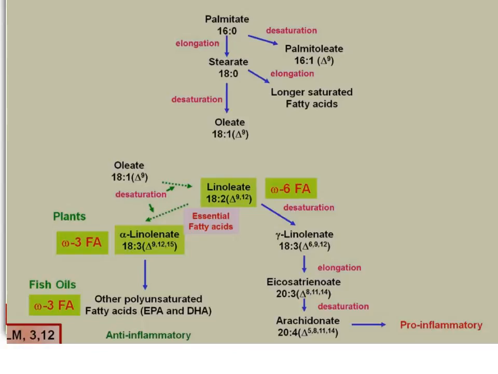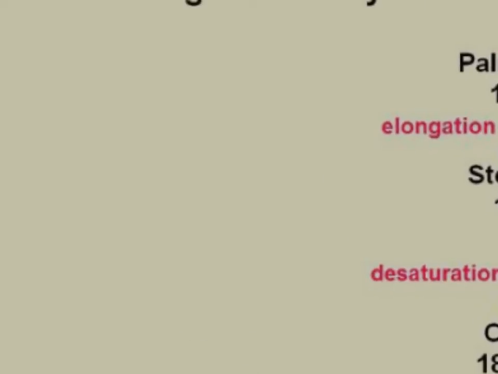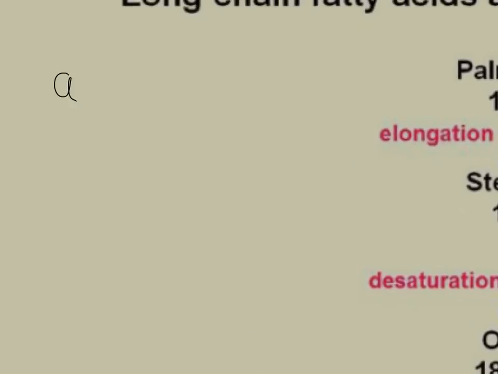Now, in fatty acid synthesis from acetyl-CoA, so I'm going to come in here and put acetyl-CoA. The first major fat produced from acetyl-CoA in our bodies is palmitate, or palmitic acid.